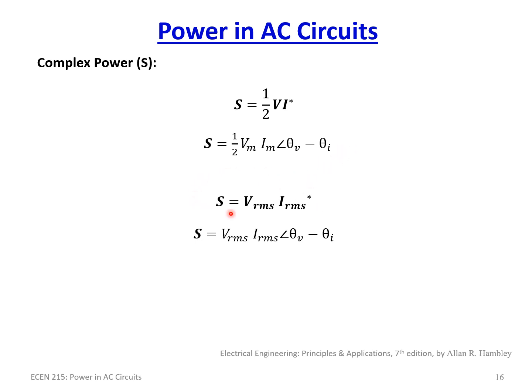You can also get it by using VRMS and IRMS, and all you've got to do is take the two RMS values, multiply them together, magnitudes, and again, just have the phase angle be the difference. This is probably the simplest equation, because a lot of times you'll be given RMS values. And then if you just know the phase difference, again, this right here is your power factor angle, your power angle. So VRMS, IRMS, and your power angle, and now you know the complex power as an equation.